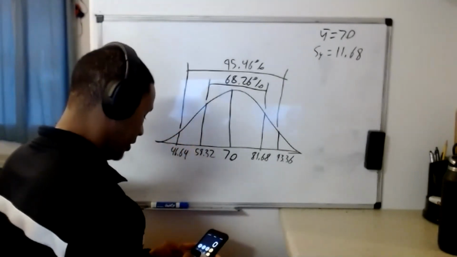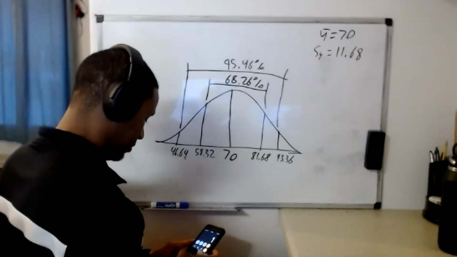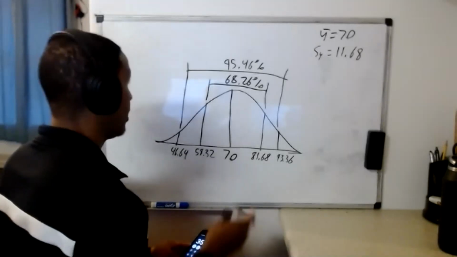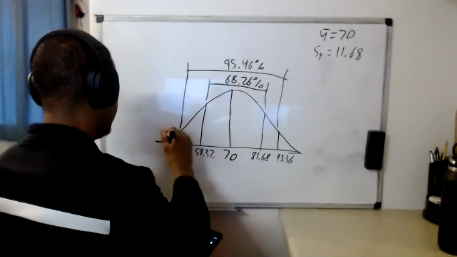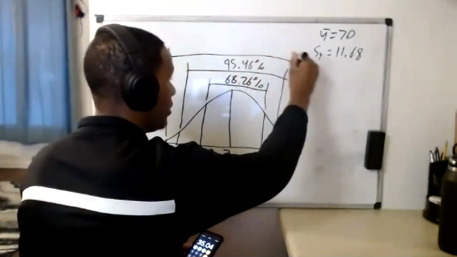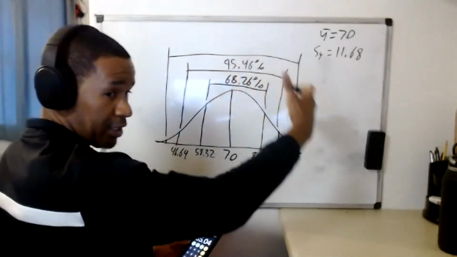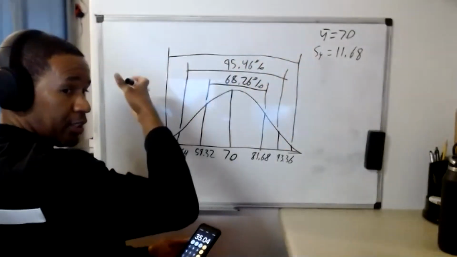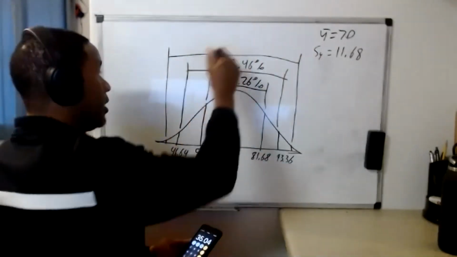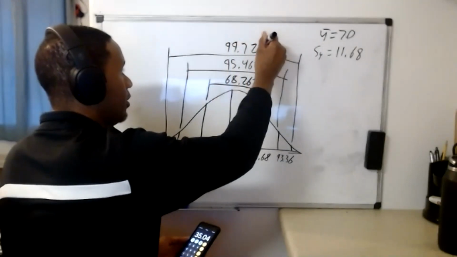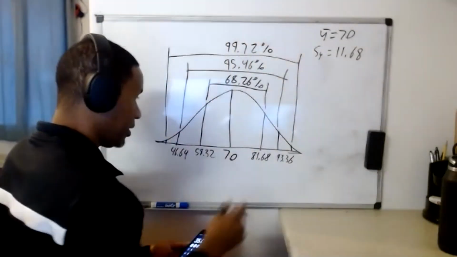Okay, and then 99.72% of all the scores in the distribution are going to fall within three standard deviations above and three standard deviations below the mean. So 99.72% of all the cases in the distribution are going to fall within three standard deviations.